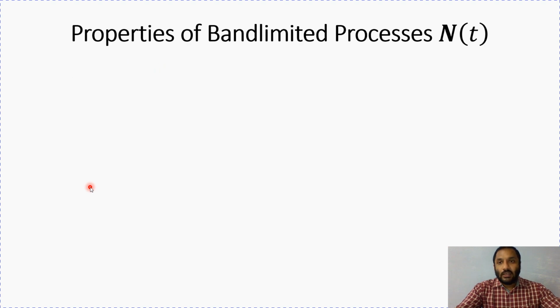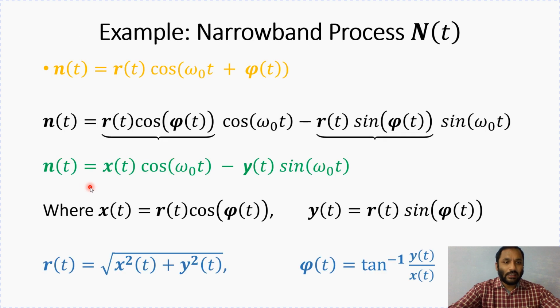Now, a narrowband process is also a band limited process. In general, this also applies for all band limited processes that can be expressed in this form. That means n of t is equal to x of t times a cosine with carrier frequency omega naught, minus y of t times sine of omega naught t.